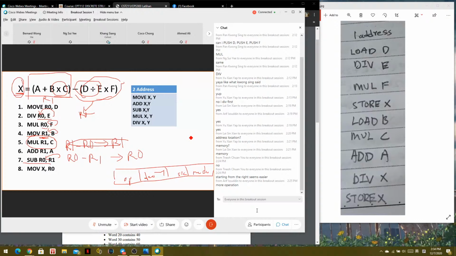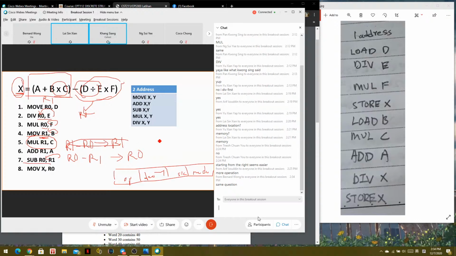Okay, thank you. Any other problem? Yep, sorry. Shouldn't step 7 be SUB R1 R0, because your R0 is D divided by E multiplied by F, but the question is R1 minus R0.